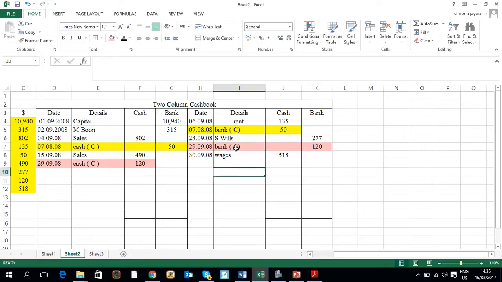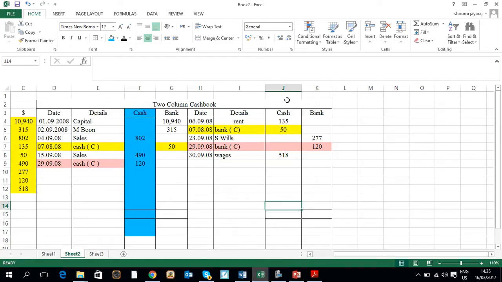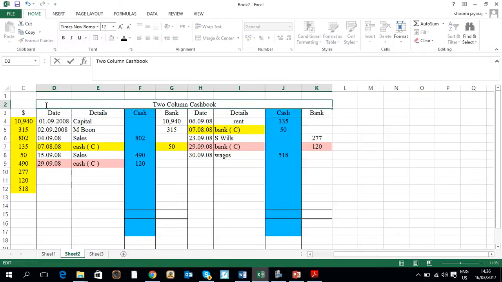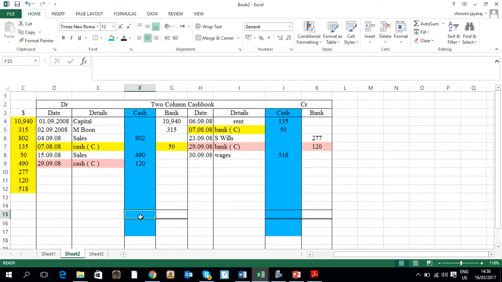Now let's balance off. To balance off this, let's first complete the debit and the credit side of the cash column. Now, when you make a comparison, you can see that the debit side is greater than the credit side. So let's see the total on the debit side.